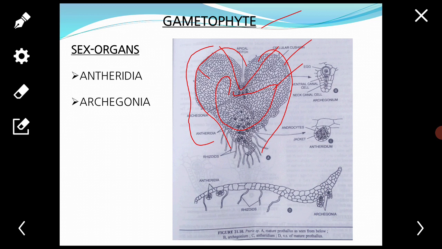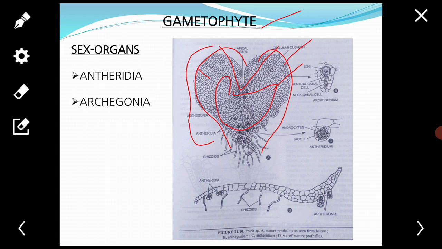All the cells are thin-walled, polygonal, uninucleate, and bear many small discoid-shaped chloroplasts to perform photosynthesis. The prothalli are autotrophic in their mode of nutrition.